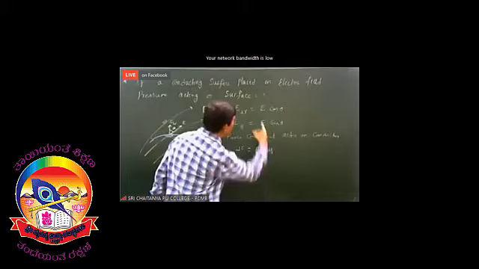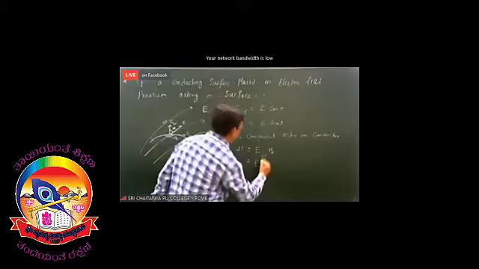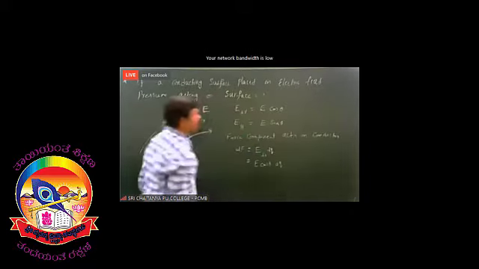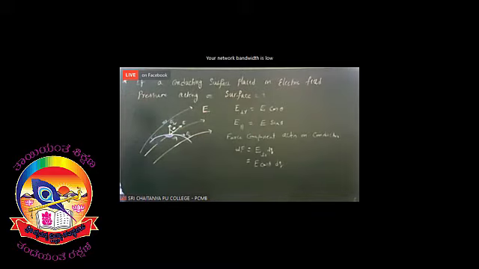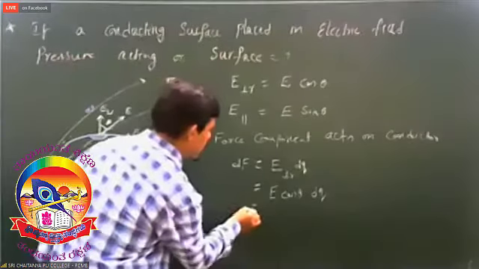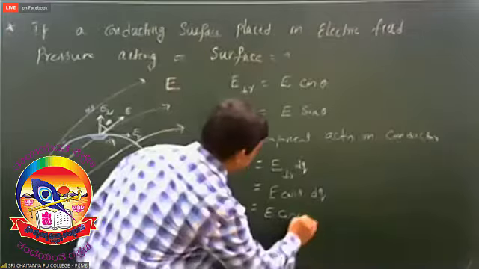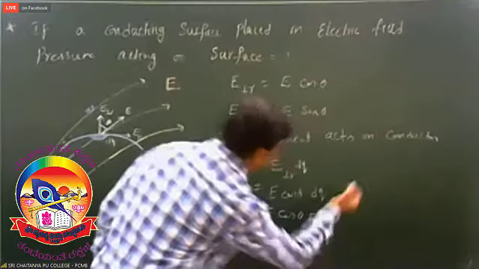E perpendicular is what? E cos theta into dq, right? So E cos theta sigma ds.